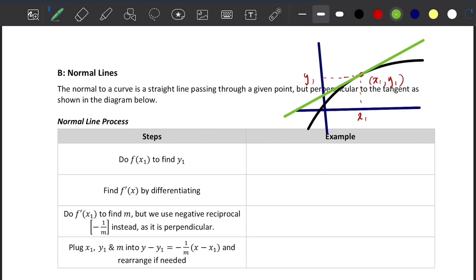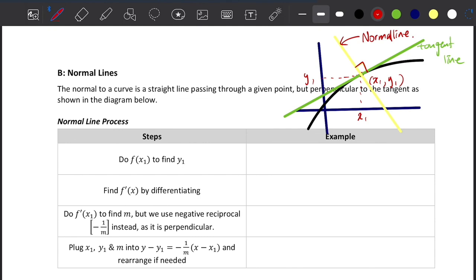So this is our tangent line. Then the normal line is another line that passes through the point (x1, y1) but forms a 90-degree angle with the tangent. Okay, then we know that this is the normal line.